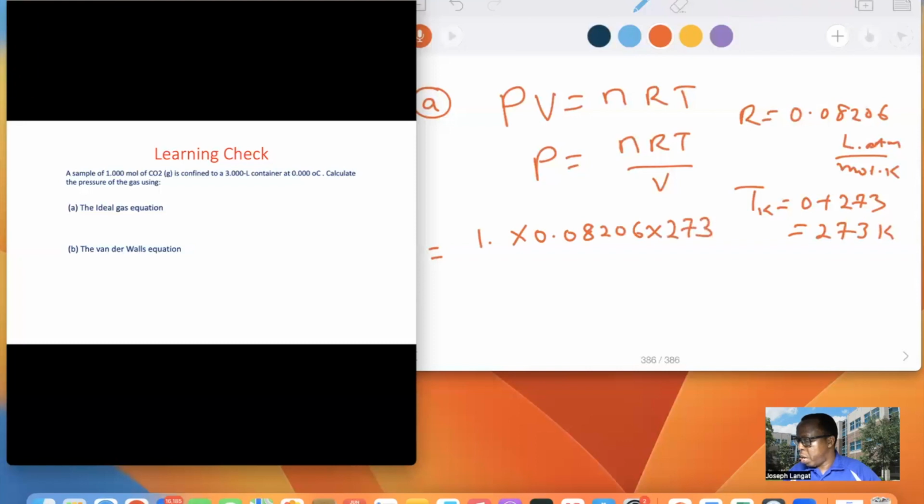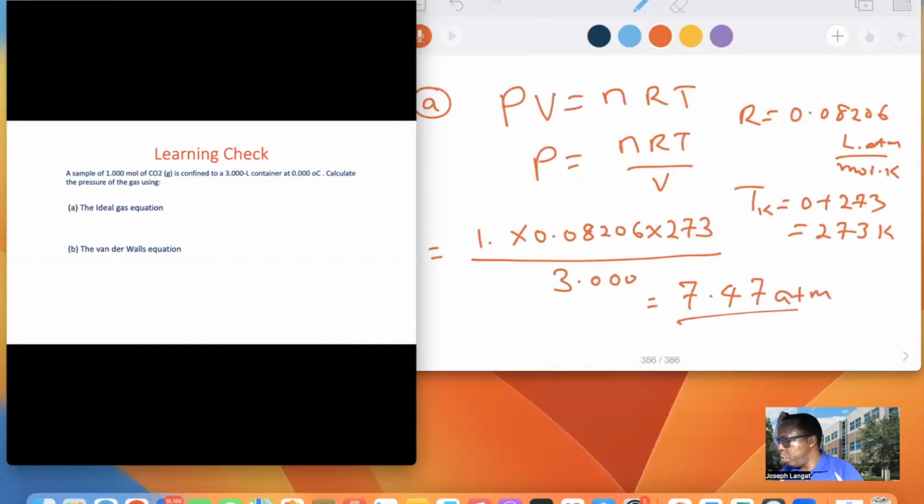But remember, you should have the units. They will cancel out, over volume, which is 3.00. I'm just using the ideal gas equation. This will be around 7.47 atmospheres. I've used the ideal gas equation.